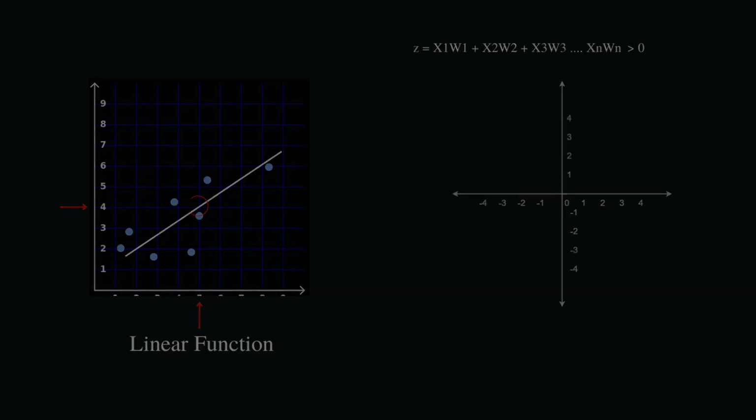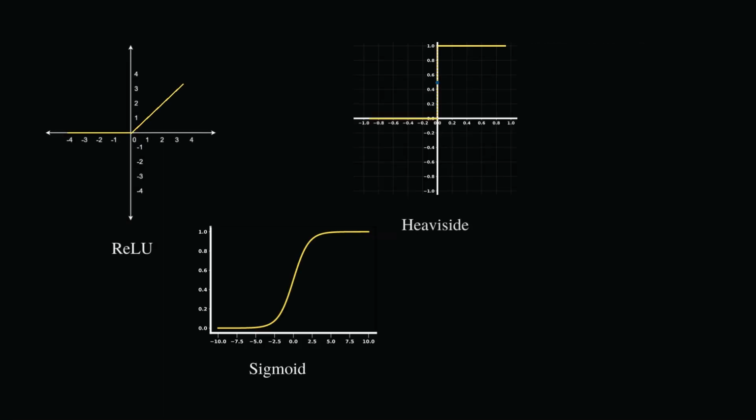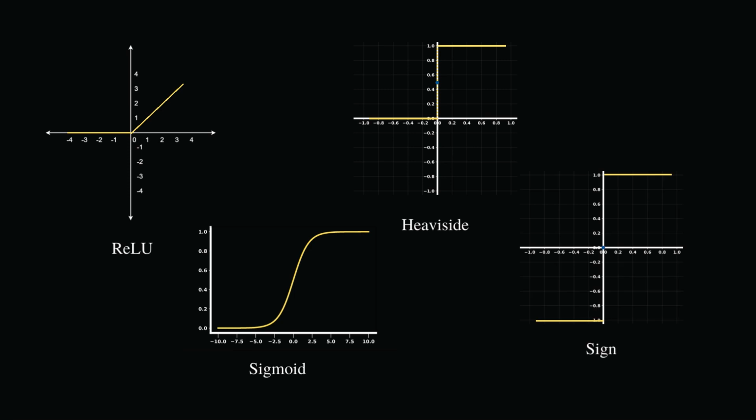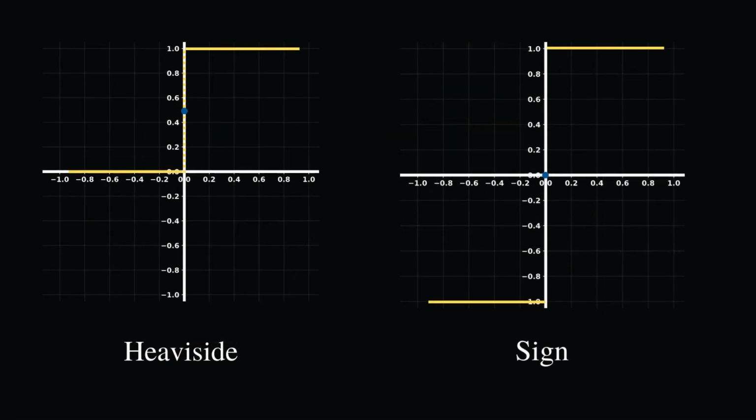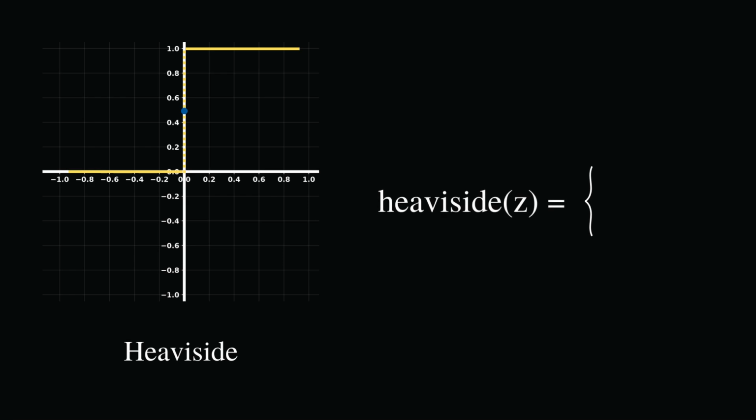Activation functions are of many types. The common activations like ReLU, sigmoid, heaviside, and sine function are commonly used. But two of the activation functions are often used in perceptrons. They are the heaviside and sine functions. A heaviside function will return 0 when the weighted sum of inputs is less than 0, and return 1 if it is greater than or equal to 0.